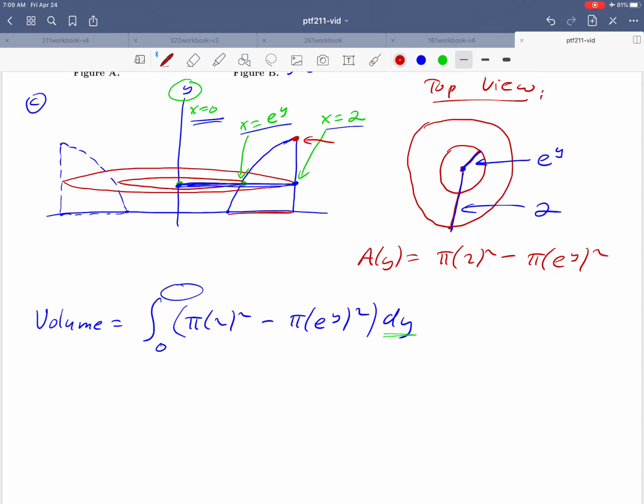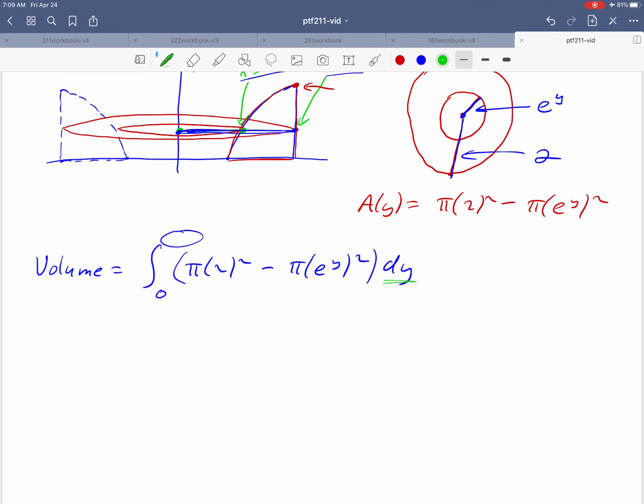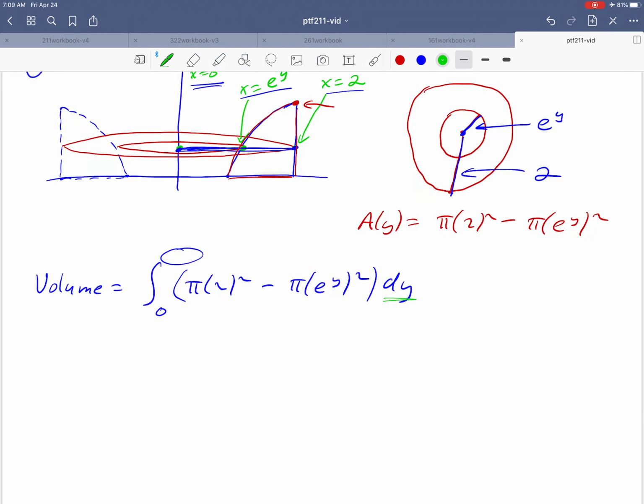That point at the top is the place where these two curves cross, x equals e to the y and x equals 2. So we can take those two curves and set them equal to each other and find the point of intersection. Let's just sneak that calculation in down here.